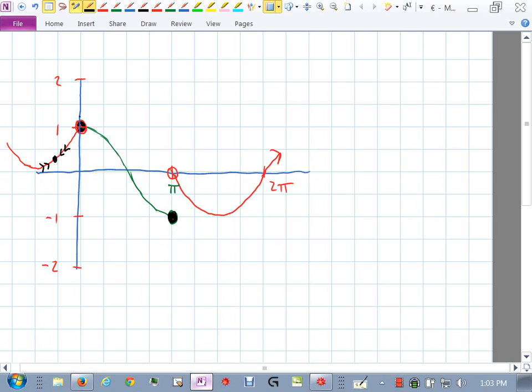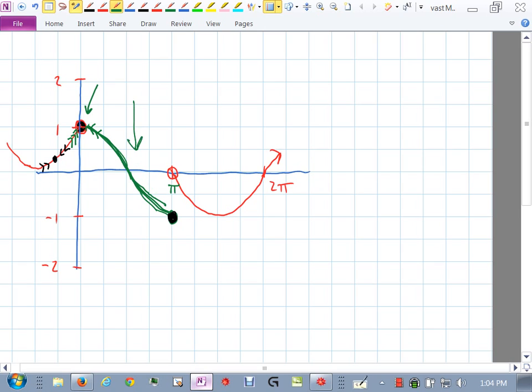How about at this point right here? At exactly that point. If I come in from the left, where am I headed? To 1. If I come in from the right, where am I headed? To 1 also. So it looks like it's okay there. And anywhere in here, in this piece, the limit would exist.